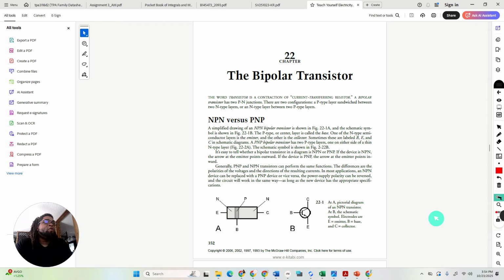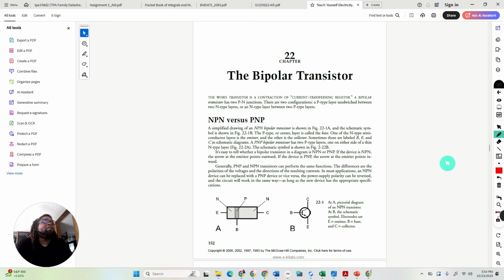So a pretty typical setup here, he starts talking about NPN transistors and PNP transistors. If you haven't heard that verbiage before, it's N-type and P-type doping that was covered in the diodes chapter, if you recall, or if you've ever encountered that through your studies.